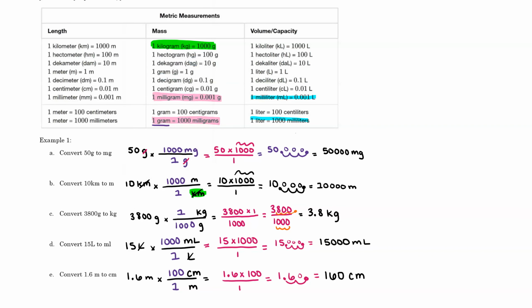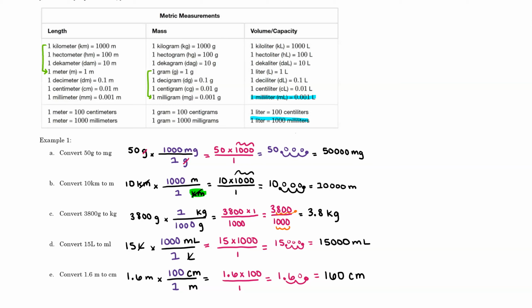In problem A, I went from grams to milligrams, and I ended up timesing by 1,000, or moving my decimal to the right 3 spaces. Okay, when I was going from kilometers to meters, I moved my decimal to the right 3 spaces.